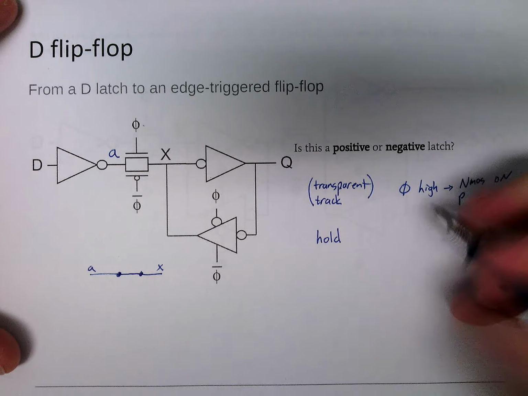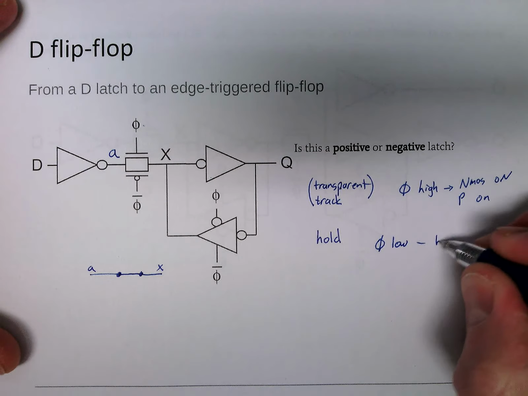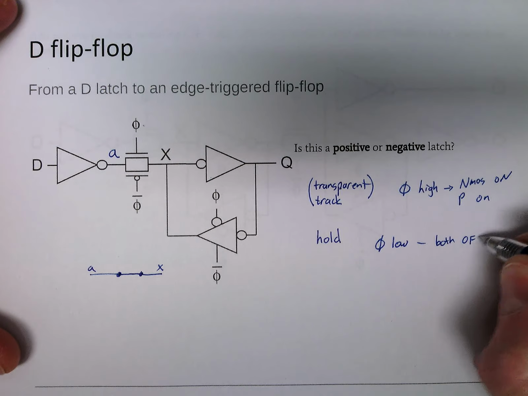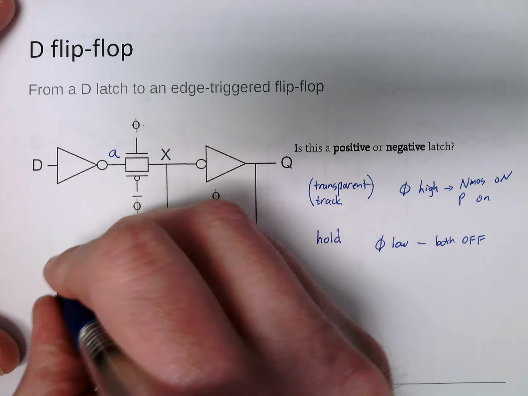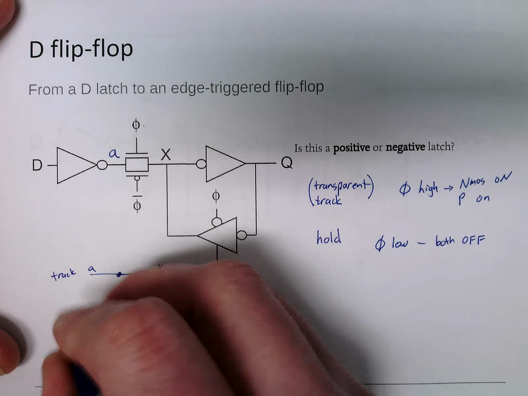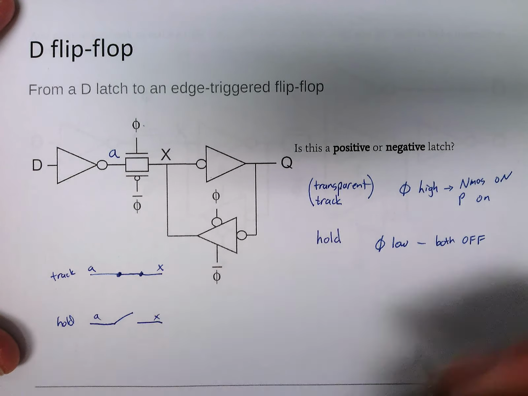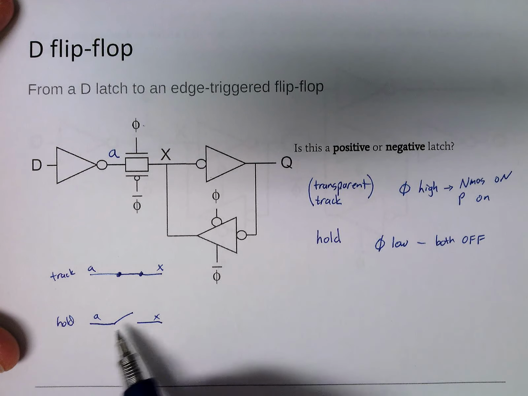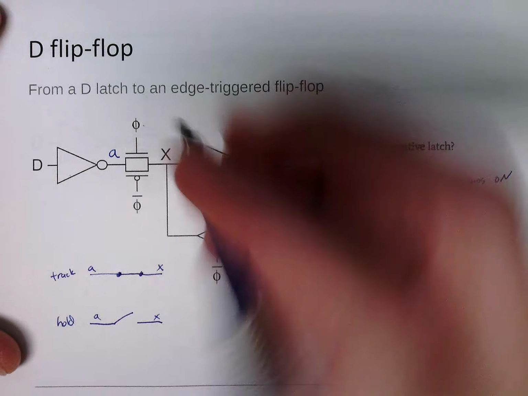In hold mode, phi is low. Both transistors are off. This is track, and this is hold mode. A and X are disconnected. Now we could redraw this. This inverter here is just a buffer.